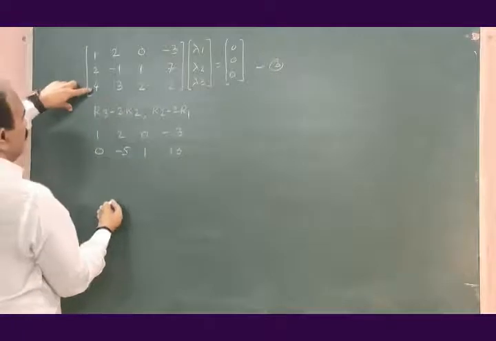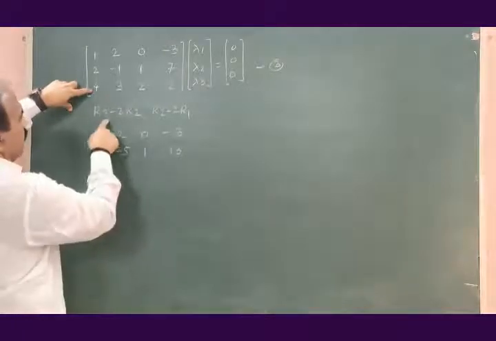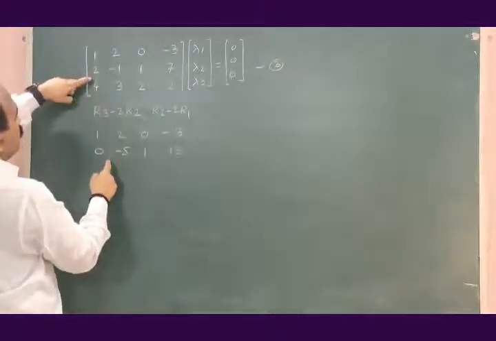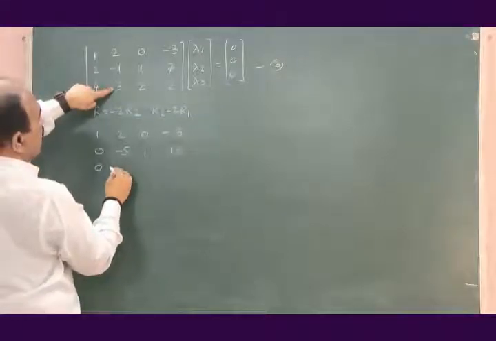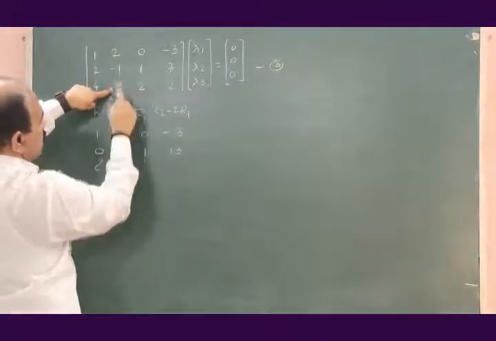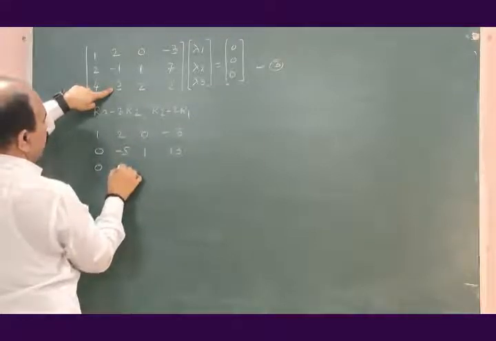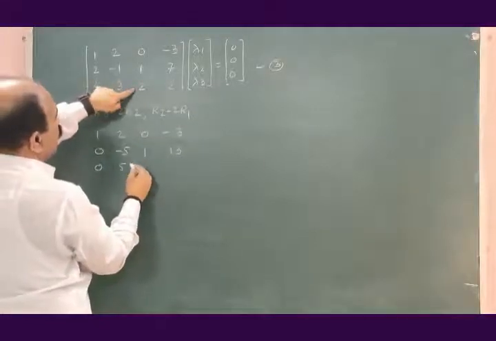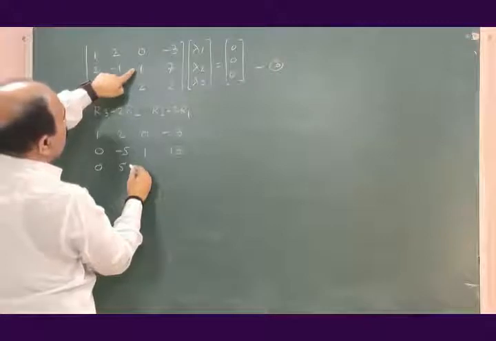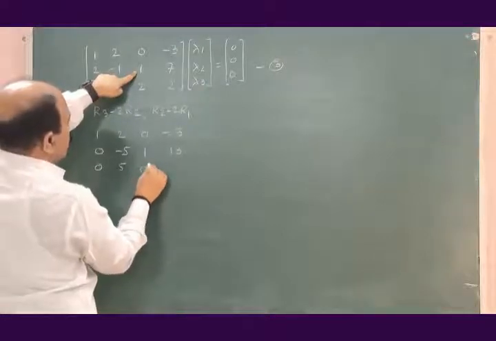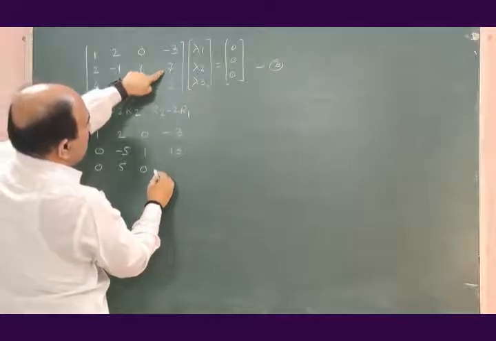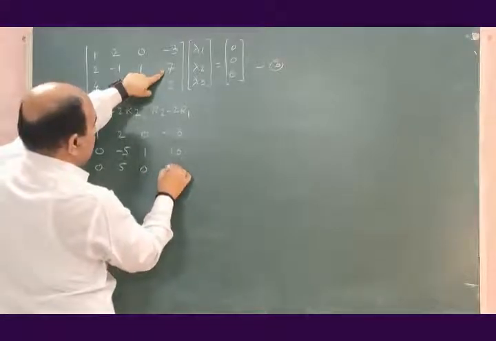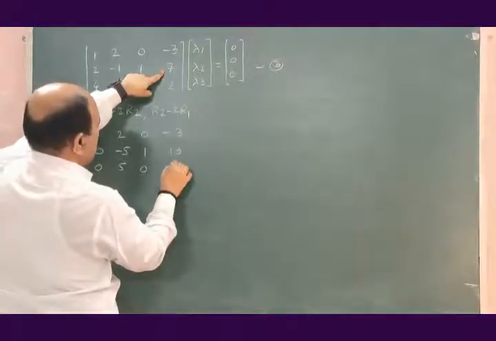Let us come to this one. R3 minus 2 R2: 4 minus 4, 0. 3 minus of minus 2, that will be 5. 2 minus 2, 0. 2 minus 14, minus 12.